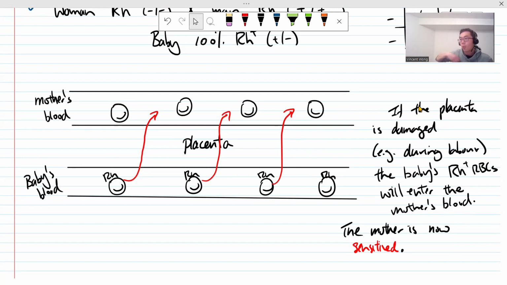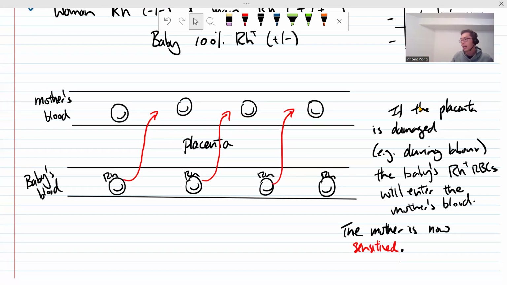When we make antibodies, it's not an instantaneous process. Making antibodies takes a week sometimes. Think about the last time you got sick, from COVID or whatever. It takes a good week before you start feeling better. That's how long it takes for your body to make the antibodies for COVID. Similarly, it takes a long time for your body to make antibodies against Rh.